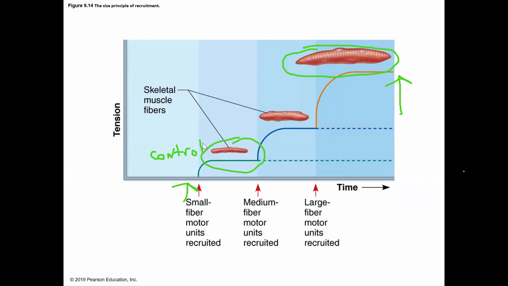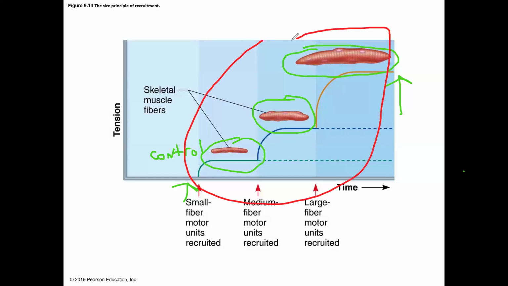And when your nervous system communicates to the muscles, the first ones they're going to call into play are the small motor units. Now, if you need more tension out of the muscle, the second size motor units, which are mid-size, will be incorporated next. And then if you need more tension after that, you're going to incorporate the large motor units. So at some point, you're communicating to all the motor units, giving you maximum tension, again, out of a muscle.